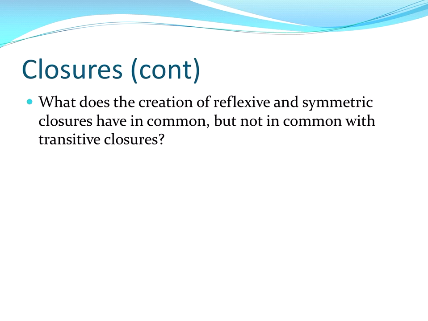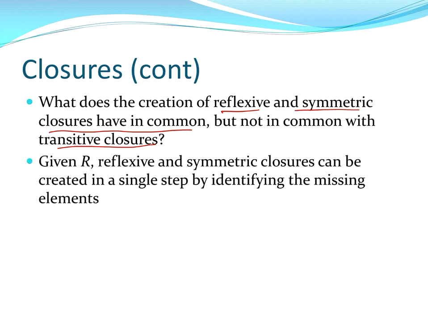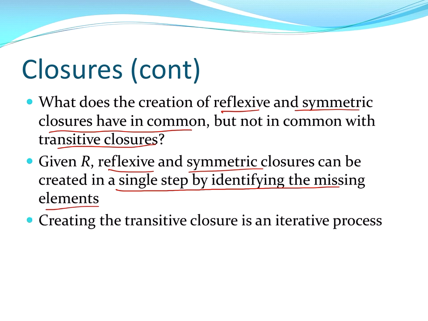All right. So what do the creation of reflexive and symmetric closures have in common, but not in common with transitive closures? Well, once you have R, the reflexive and symmetric closures can be created in a single step by identifying the missing elements. On the other hand, creating a transitive closure is an iterative process.